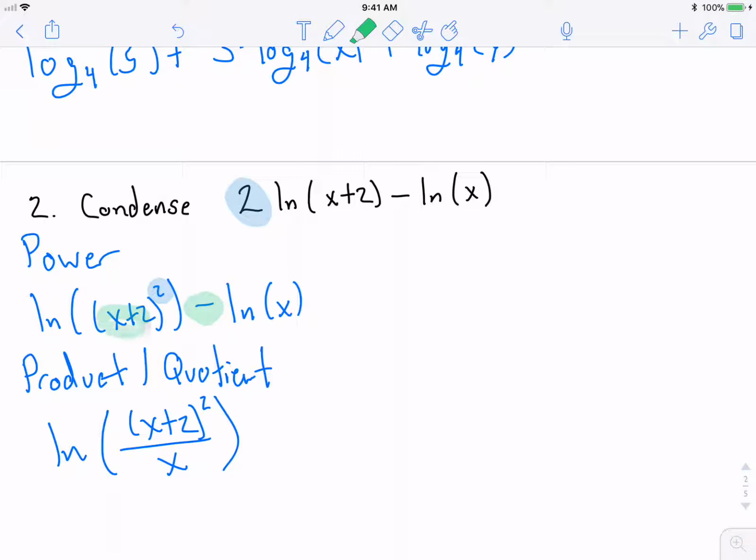Whatever is first becomes the numerator, and whatever is being subtracted becomes the denominator. And now we've condensed this down. It's all inside one log, and we can see that this is actually taking x plus 2 squared and dividing by x. Let's do another example.